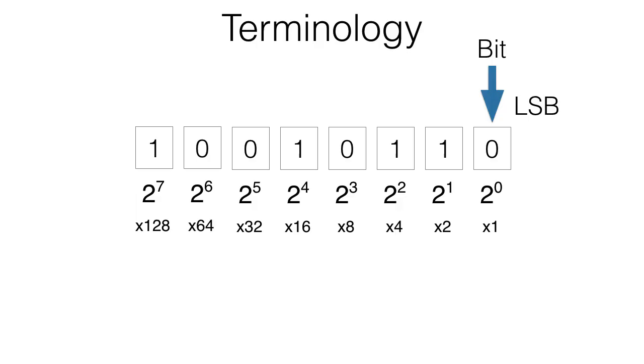Sometimes you'll see it as least significant digit also. But here we're going to call it LSB, least significant bit. If you see that term, now you know what that means. It's referring to the smallest value, the smallest positional notation column in the pattern, in the series.